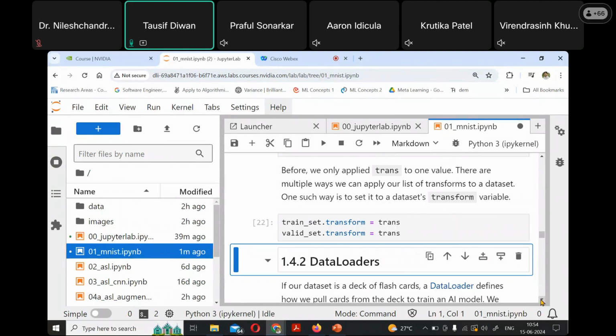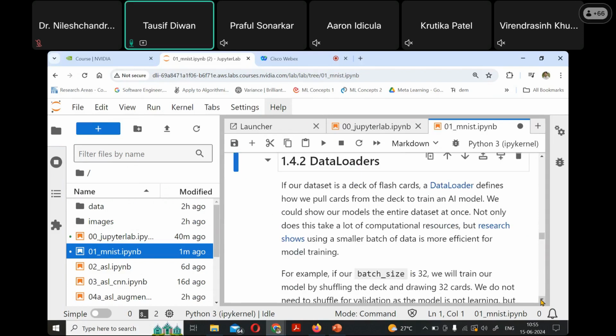So conclusively, the size of that vector would be 10. Only zeros and 1 would be there. Only one time 1 will be there, and remaining all entries would be 0. So this is nothing but the better representation, and it is used for efficiently calculating the loss function.